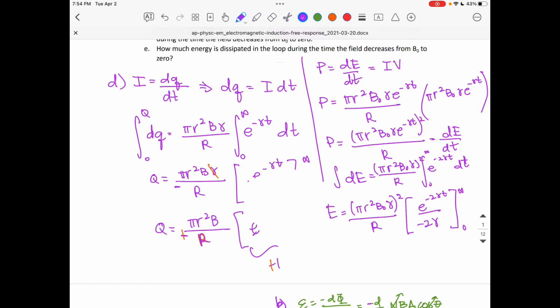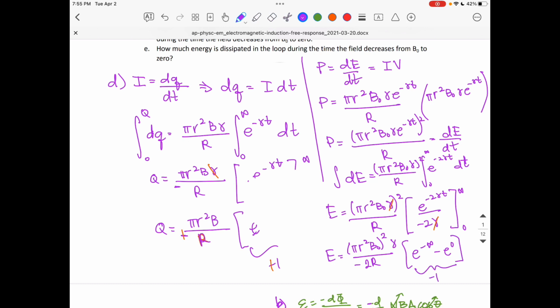So we notice at least one of the gammas here. One of these gammas cancel out. And so I have E is equal to pi r squared B naught squared gamma over negative 2R. And then e goes from negative infinity to e to the 0. That makes this negative 1.